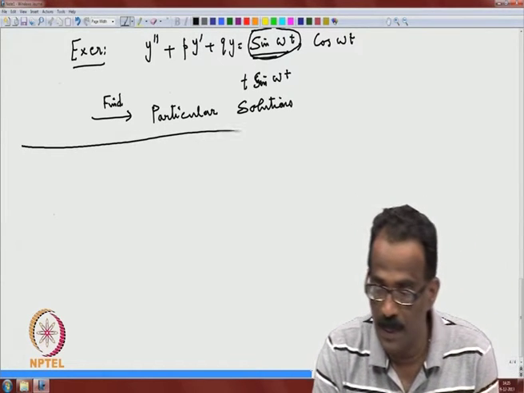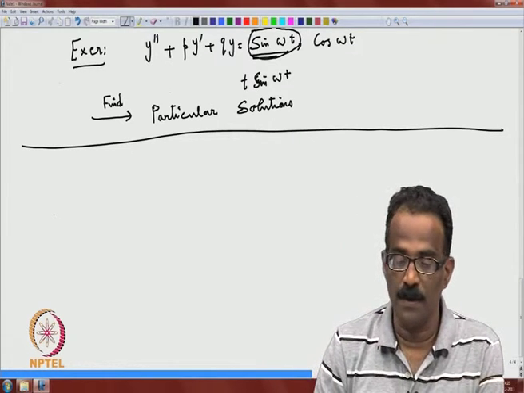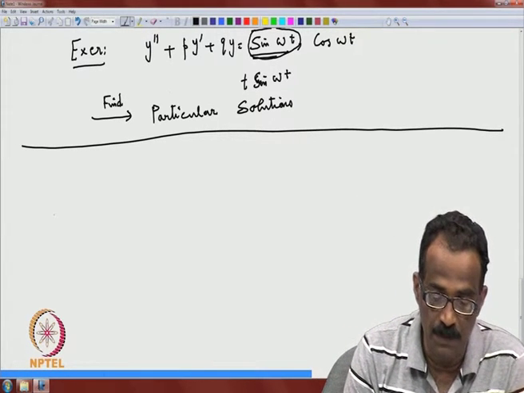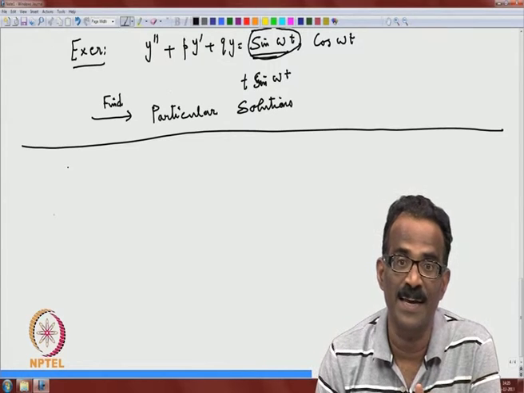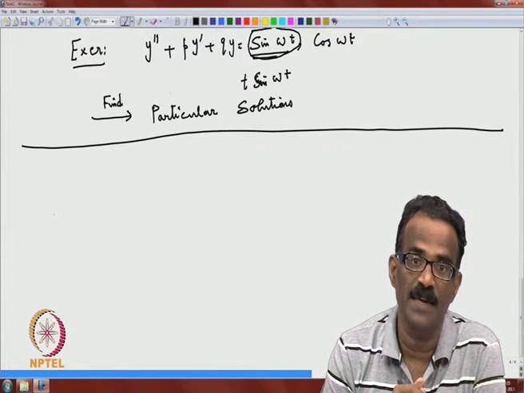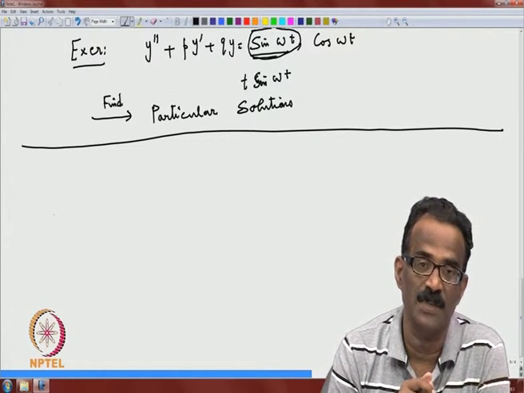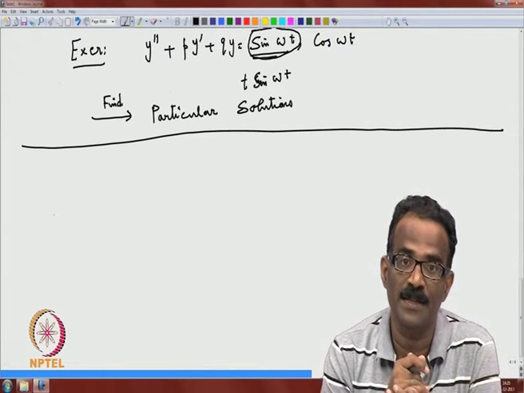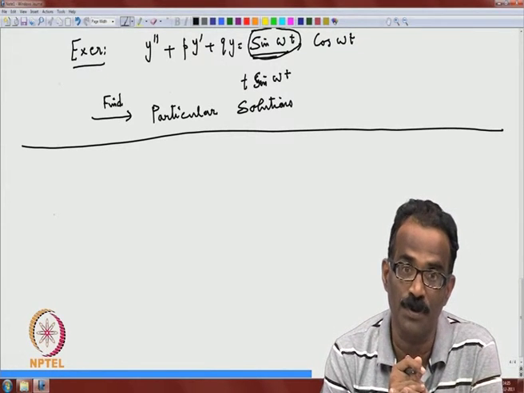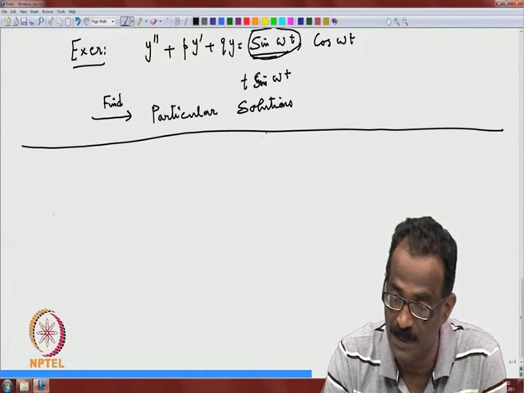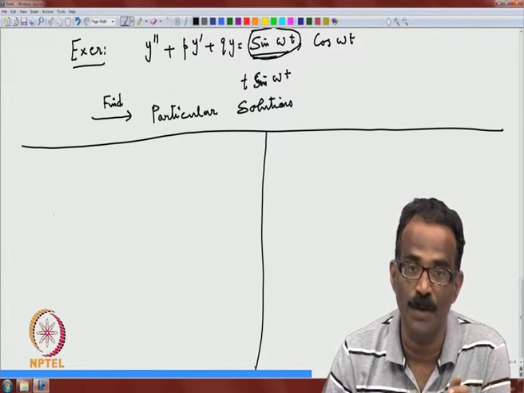So, in this particular lecture I would like to recall once again what we have done in the first module, namely the spring mass system, because we have already studied the spring mass system, but now you know how to write down the solution.